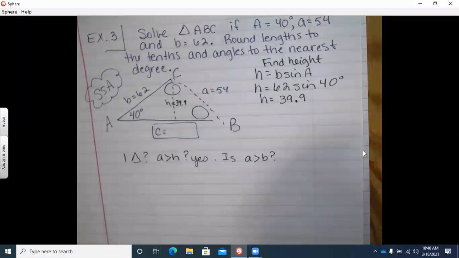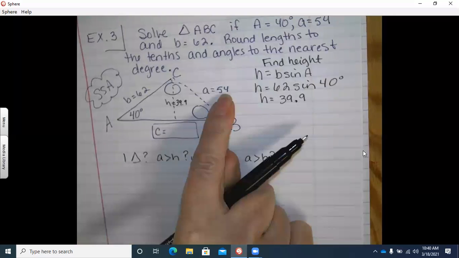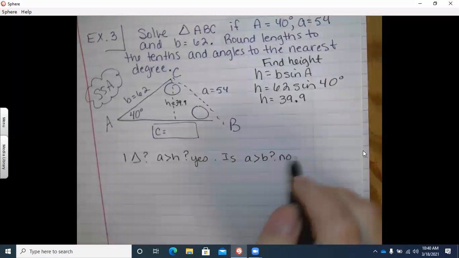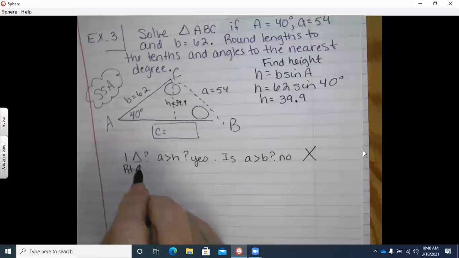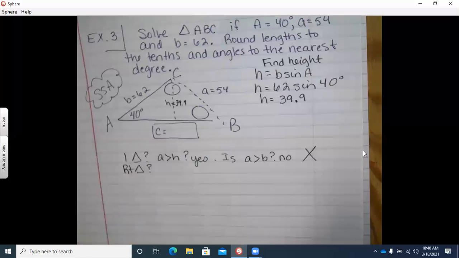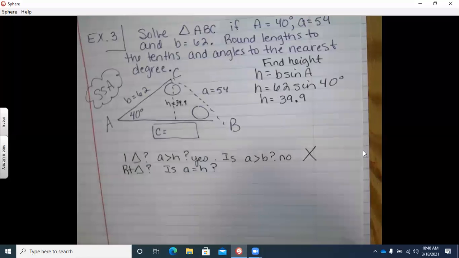No. 54 is not greater than 62. So it cannot be one triangle. Okay, let's see if it's a right triangle. And we wrote all these down yesterday on the second page of our notes. To be a right triangle, a has to be equal to h. Is a equal to h? No, so it's not a right triangle.